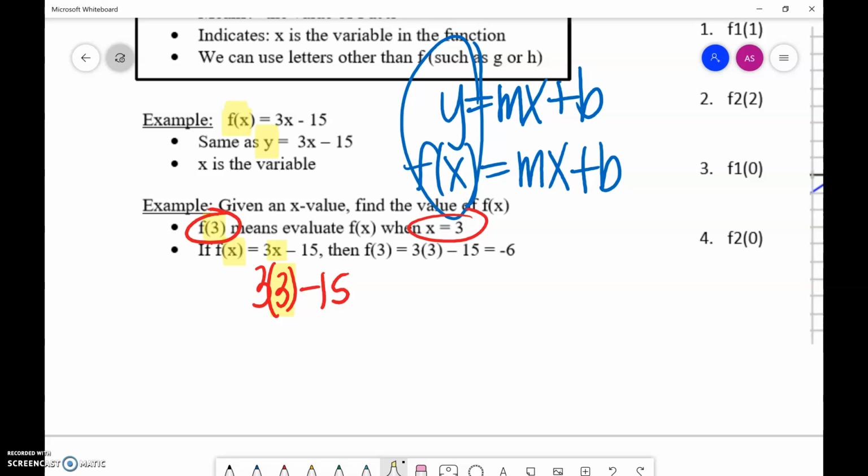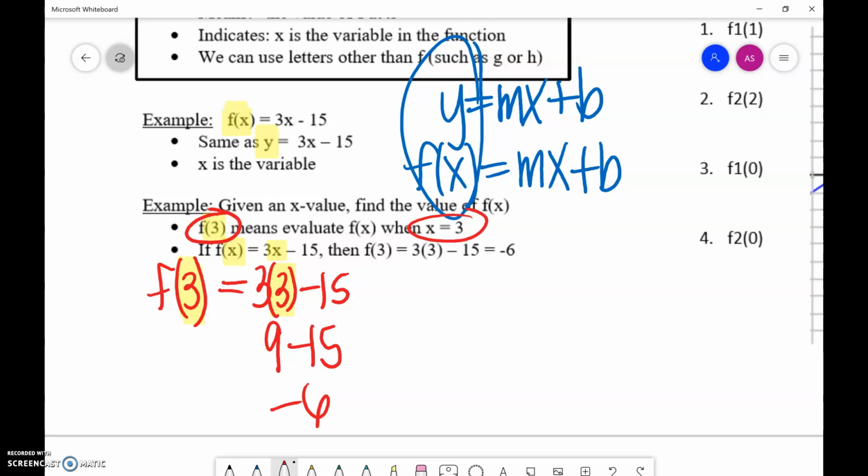I'm going to bring down my notation because I'm trying to find the value of the function at 3. From here, I'm just going to multiply this out. I'm going to have 3 times 3, that's 9. 9 minus 15 is negative 6.